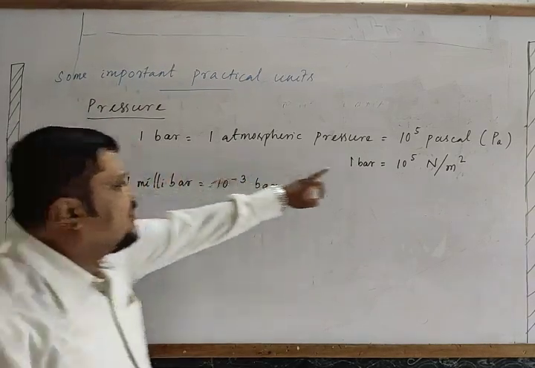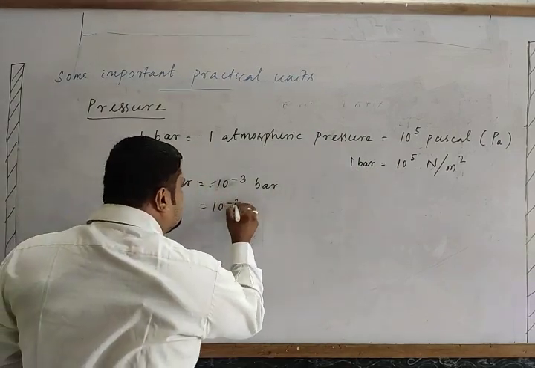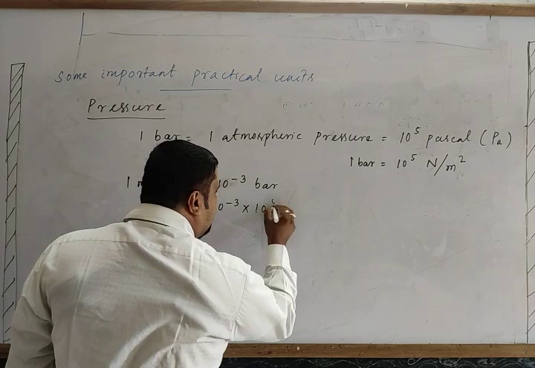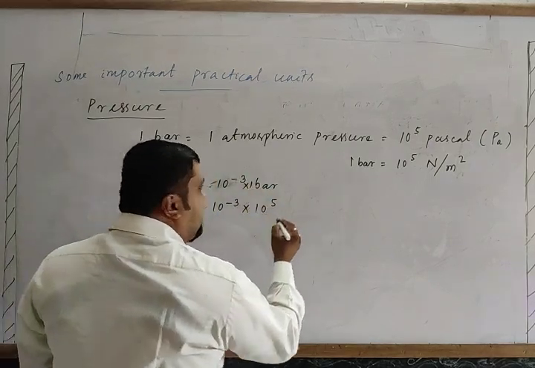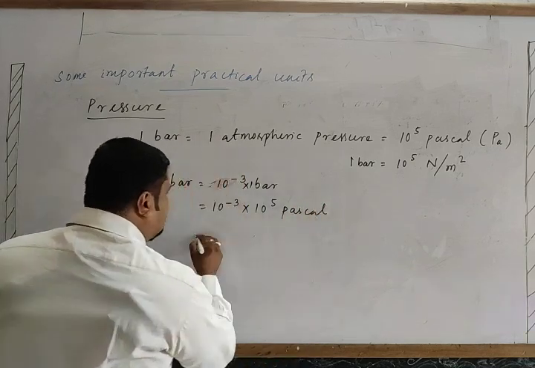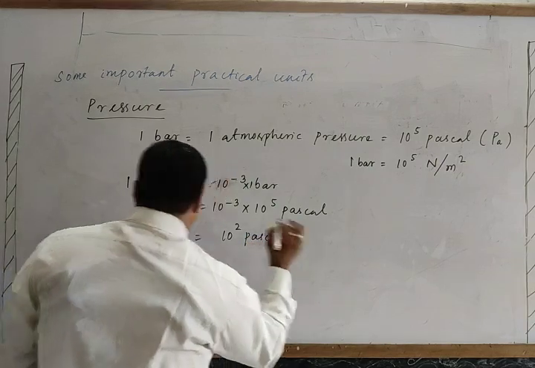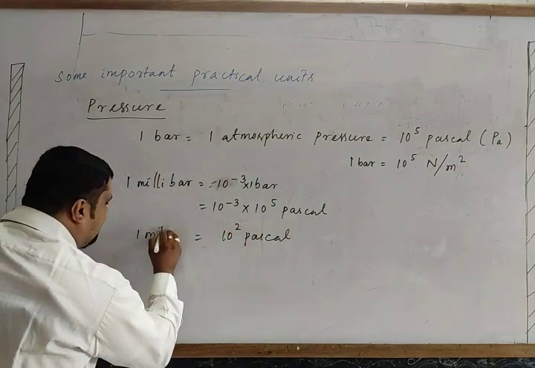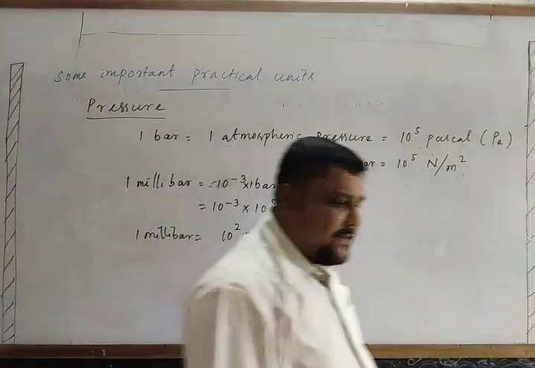But 1 bar is equal to 10 to the 5 Pascal. So 10 to the minus 3 into 10 to the 5 Pascal is equal to 10 to the 2 Pascal. That is the calculation for millibar. So 1 millibar is 10 to the 2 Pascal.